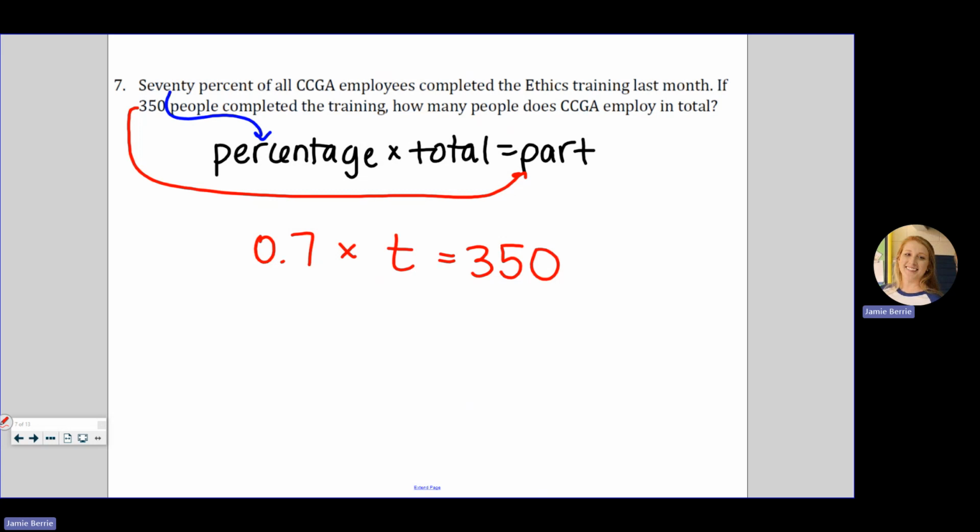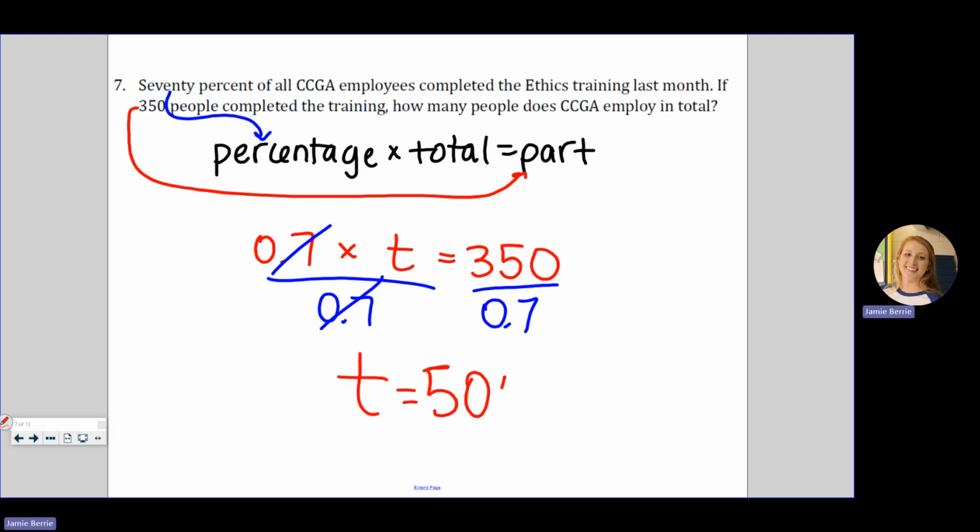Anytime you divide by a number that's less than 1, it's going to make that number bigger, so don't be alarmed when the number goes up. What do y'all get for T? 500, good. So divide by 0.7. Cancel. Total number of employees, 500.